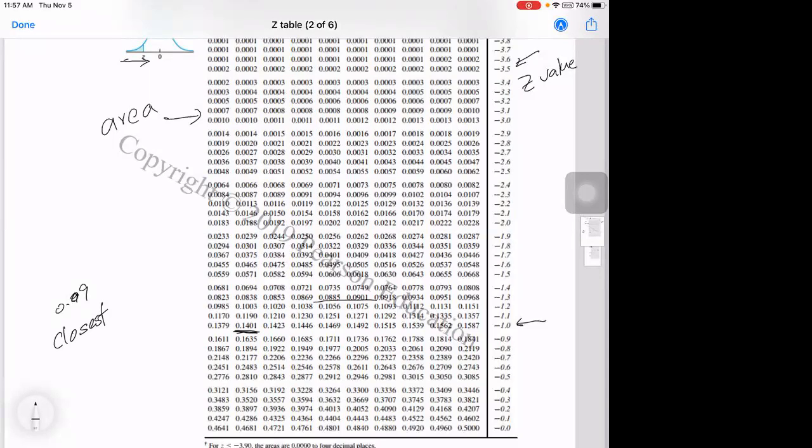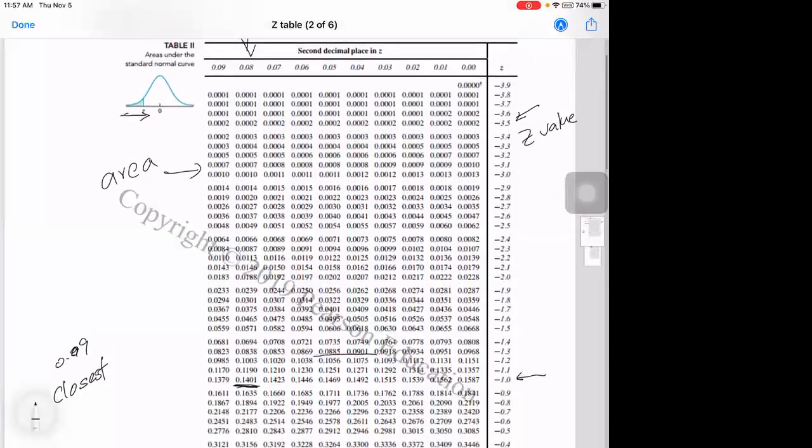So I can see that my closest value for 0.09 is 0.0901, because the gap between 0.09 and 0.0901 is very small. So pick the row which belongs to this 0.0901. It is negative 1.3.